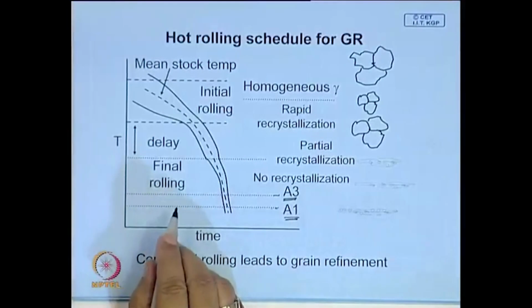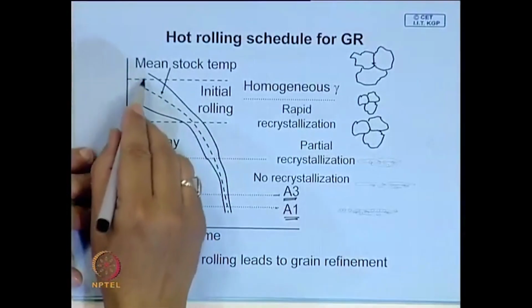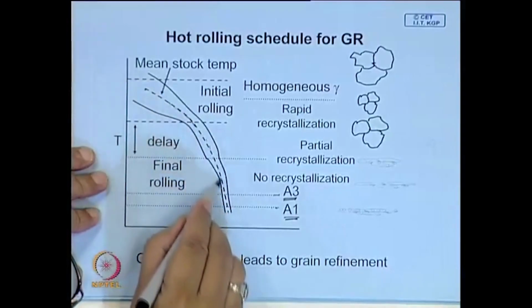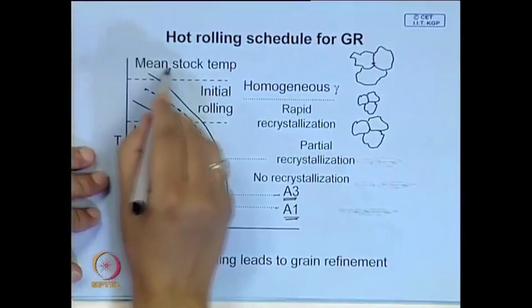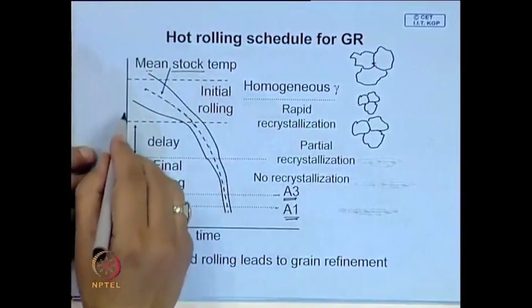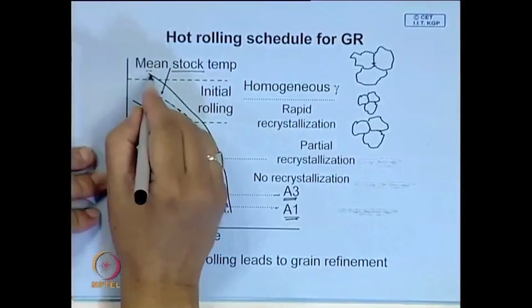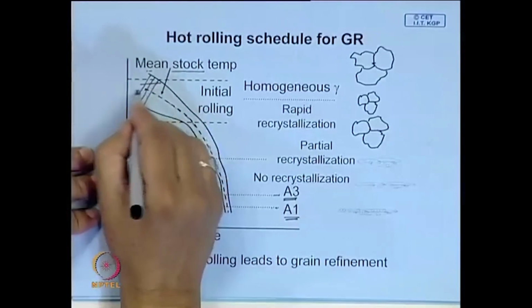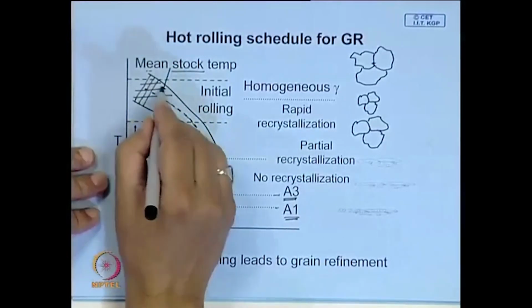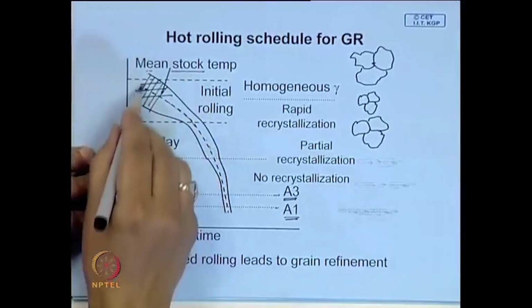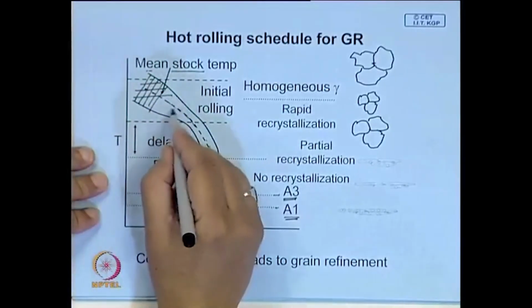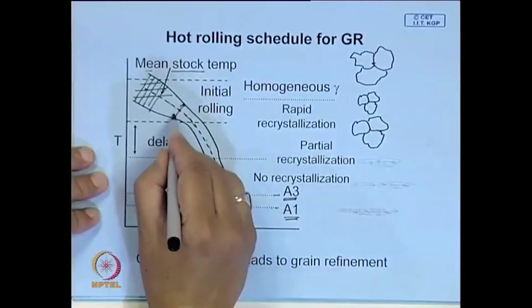Now, suppose we are giving reduction to a stock, and this dotted line represents the mean stock temperature, and initially this length represents the initial stock size, and here you see gradually the stock thickness is decreasing.